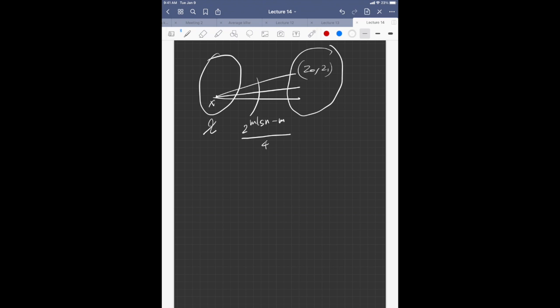And we know that the number of edges in the graph only shrunk by a factor of 3/4. By doing so, the fraction of edges retained is 1 minus 1/4, which is like 3/4.